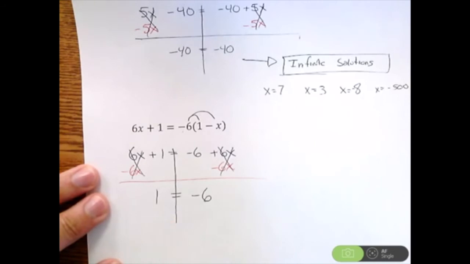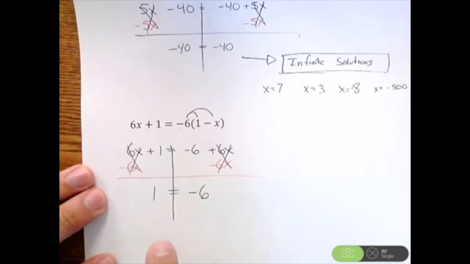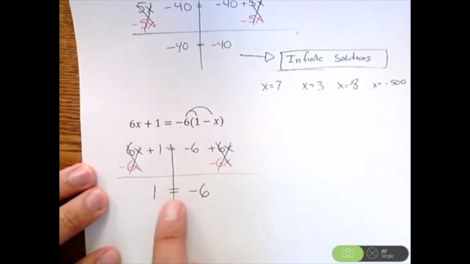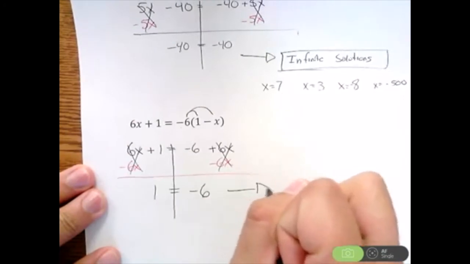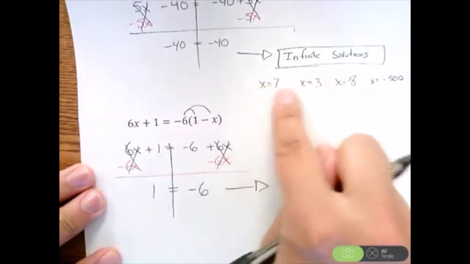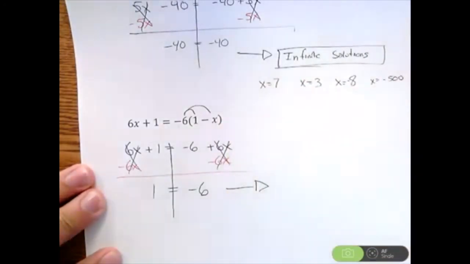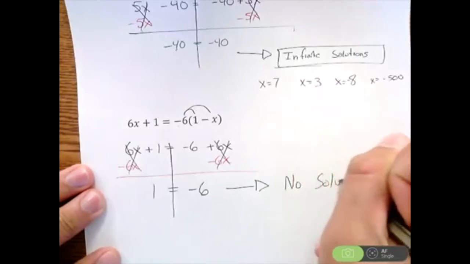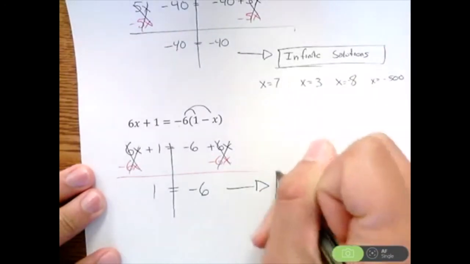That does not mean we did anything incorrect. We just have to look at what's going on. What I have here is 1 equals negative 6. So you have to ask yourself, does 1 ever equal negative 6? No. They are different numbers, so it's not going to work. This is the opposite of infinite solutions, where multiple answers work. Here we get no solution.